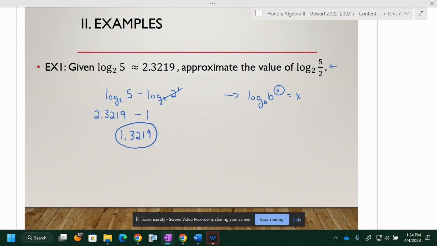Can you explain the property of log base b to the x and how it equals x? Yeah. So the reason that this happens is because if I were to do, remember the whole b to the x is equal to y, and you switch it to log b to the y is equal to x. If I do that, this is b to the x equals b to the x.